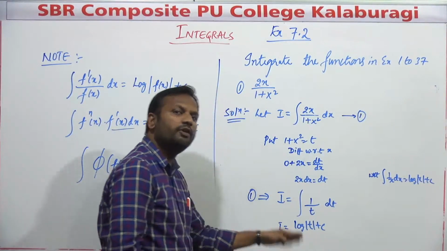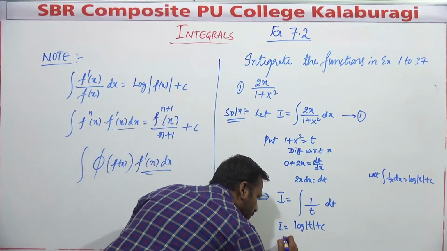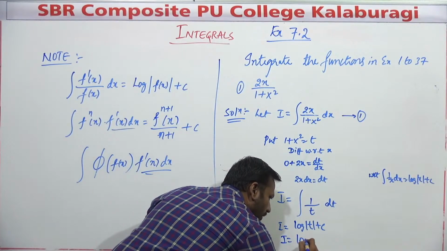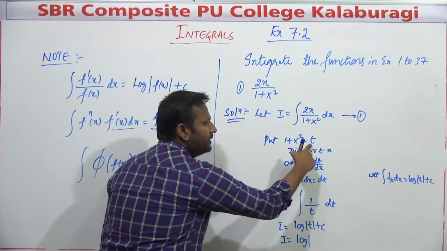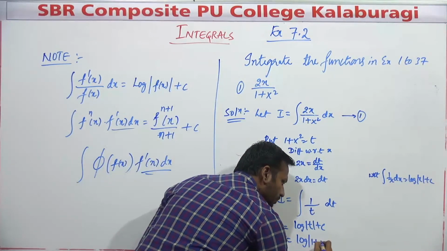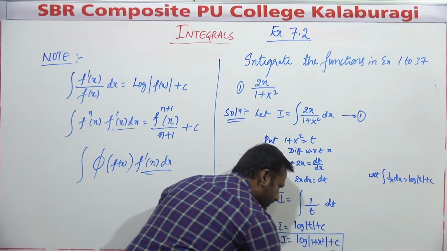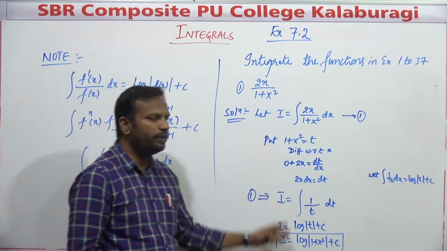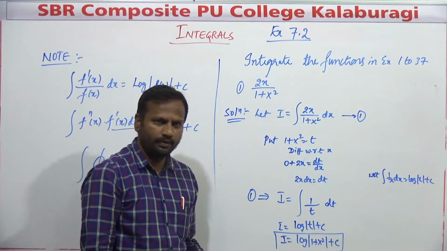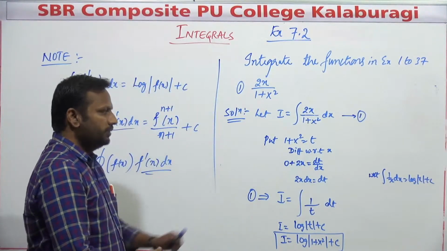This is not the answer; in the form of x, we have to mention that. So I equals log of mod, what is t? 1 plus x square, plus c. Got it? So this is the answer. This is how we do it by the substitution method. Just take down the notes.